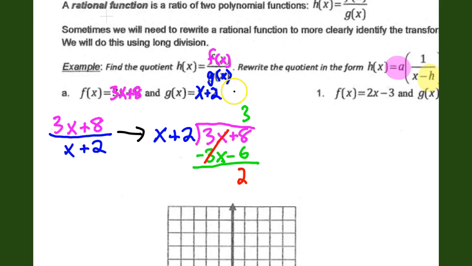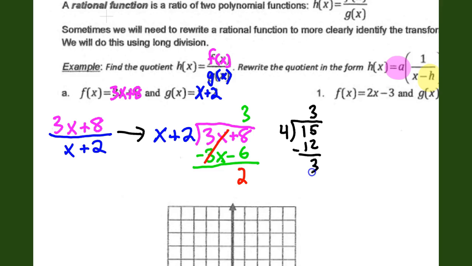If we're doing just numbers only, let me just show you on the side here, just to remember this a little bit. If we had 4 into 15, we'd say that 4 goes into 15 3 times. 3 times 4 is 12.